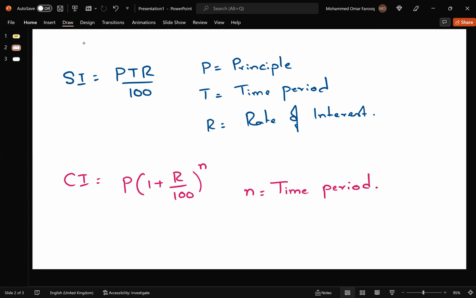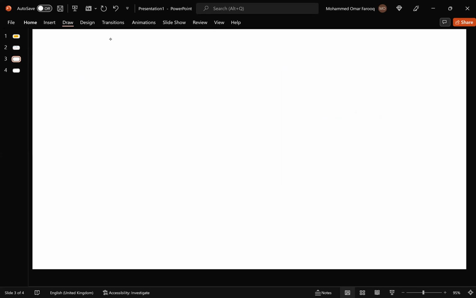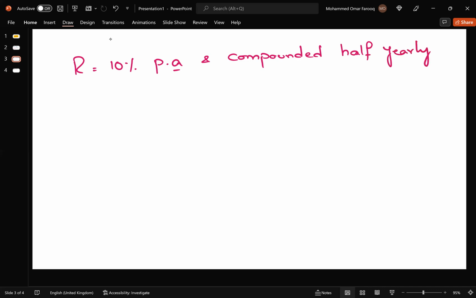Whenever we deal with compound interest, we have to take care of two things. The rate of interest: suppose it is given 10% per annum, annum is per year, and compounded half yearly. If the question is given per annum and compounded half yearly, we have to make sure that these two quantities are the same.